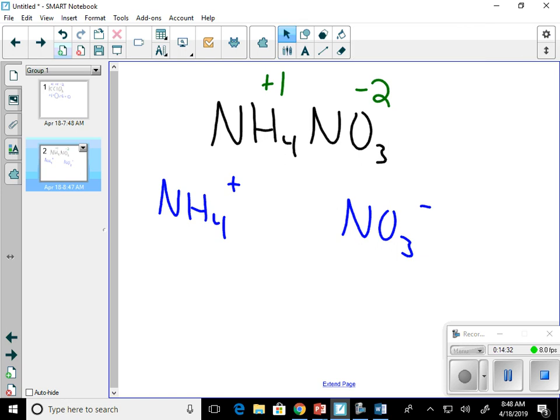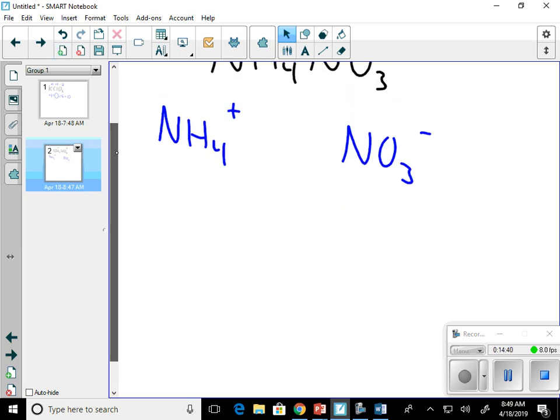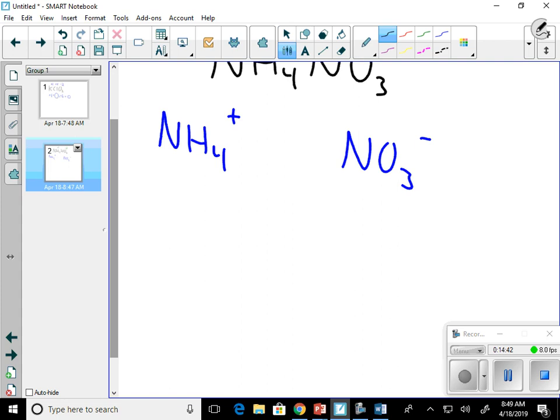The oxidation numbers of everything within a compound will equal 0 if that compound's neutral. If, however, we broke it down into its parts, and we know hydrogen's a +1, +1 times 4 is a +4. Nitrogen plus 4 would equal the charge of the polyatomic ion.